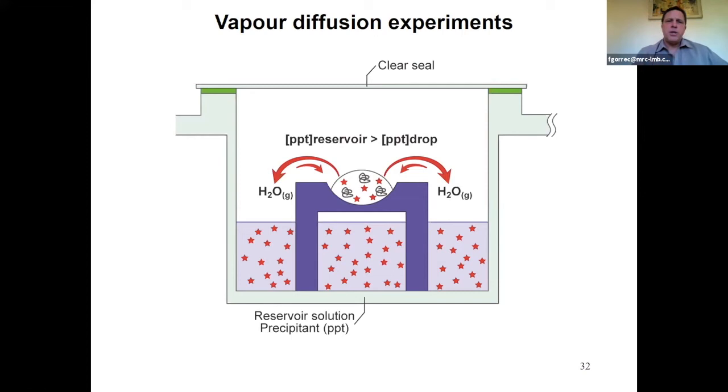And you have equilibration through vapor diffusion. And then in the drop, the concentration of the protein will increase, the saturation is increasing, and vapor diffusion experiments will occur depending on the condition, the precipitant. It will happen within hours or within days.